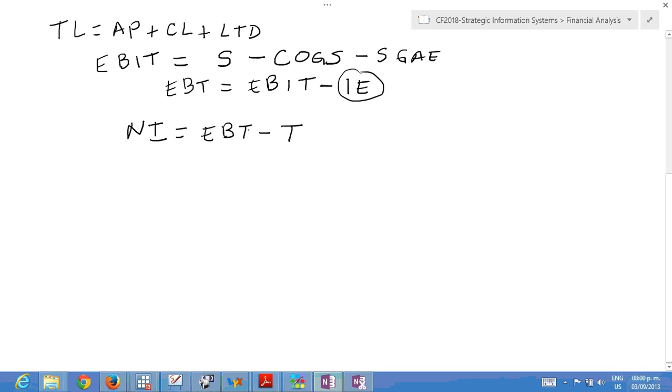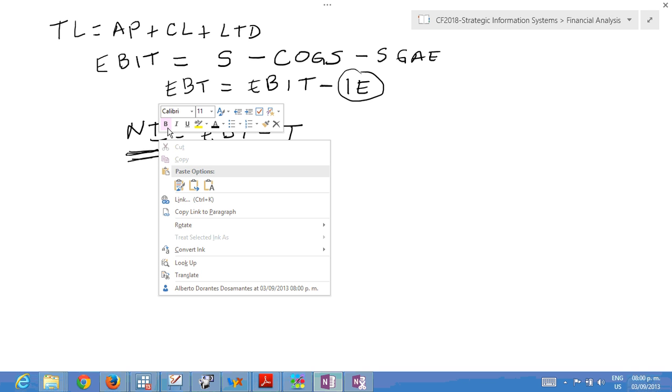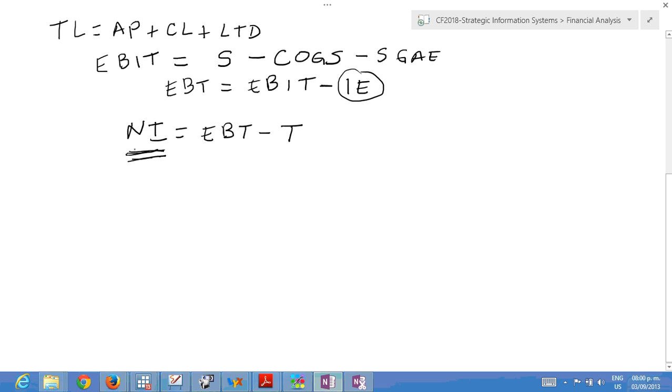After you pay taxes, you get the net income. That is one of the most important measures for business people, managers, executives, the CEO, and also for the investors, the shareholders of the company. They are always interested in looking at the net income of a company.